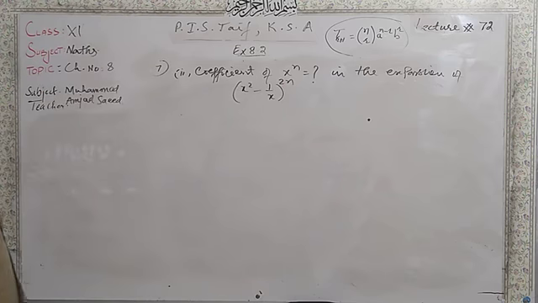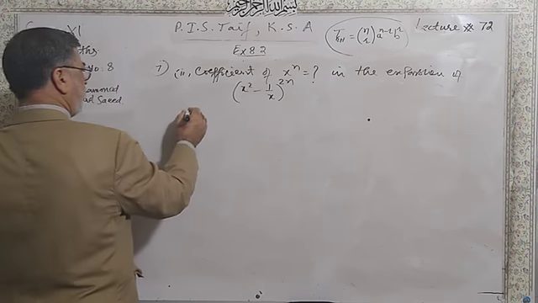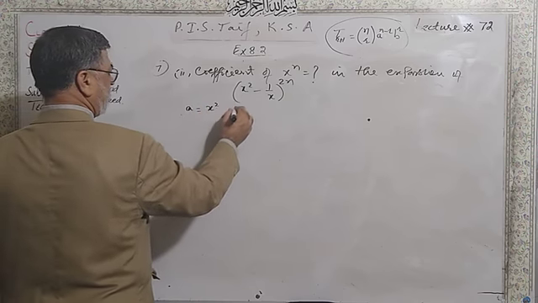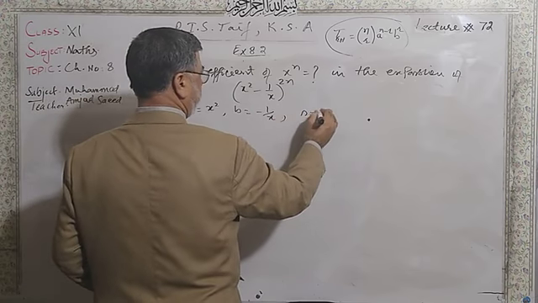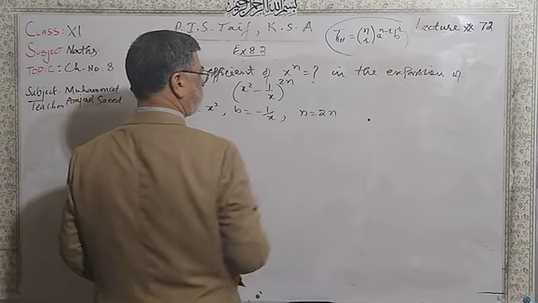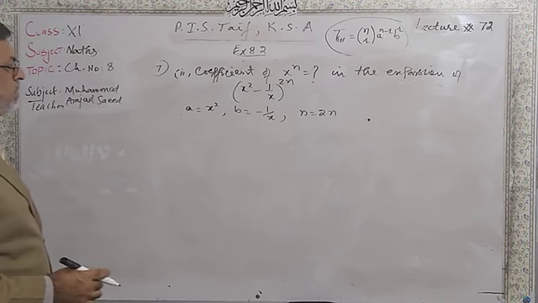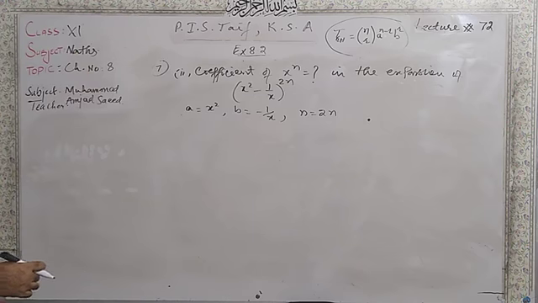So dear students, we will have a equal to x square, b equal to minus 1 over x, and n equal to 2n.